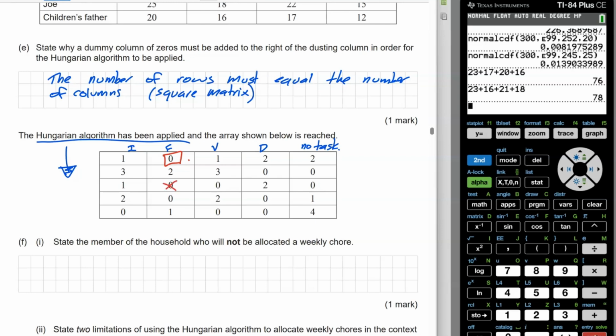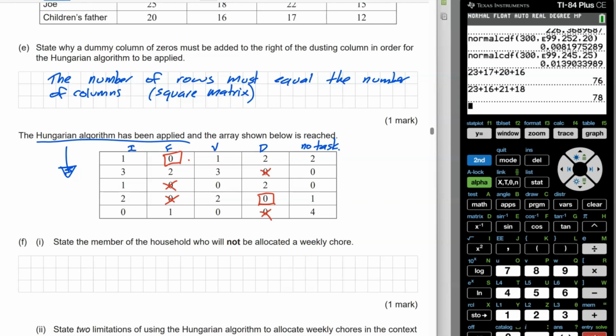If they do the folding, then no one else can do the folding, so we can cross those out. And we look across our rows again. This gives us that the dusting is done by this person here, and if they have to do the dusting, then the second person and the father cannot do the dusting as well.